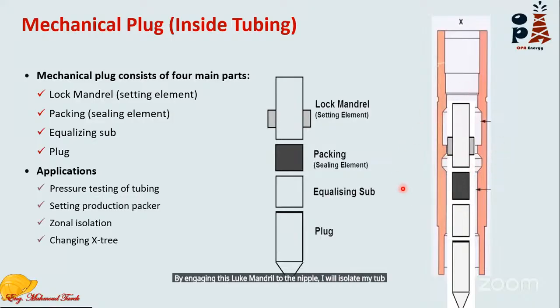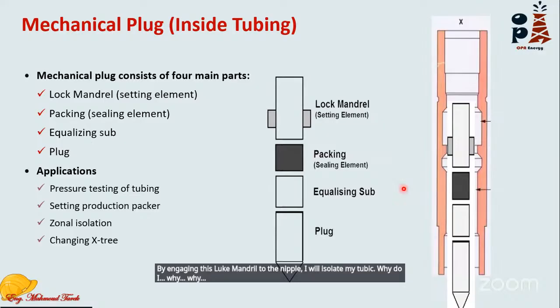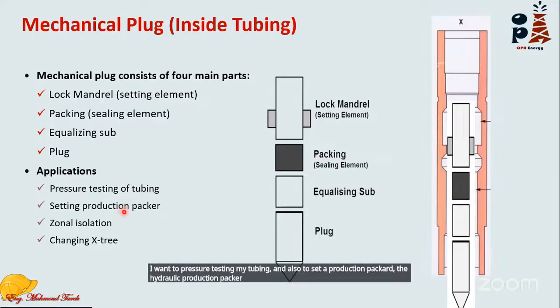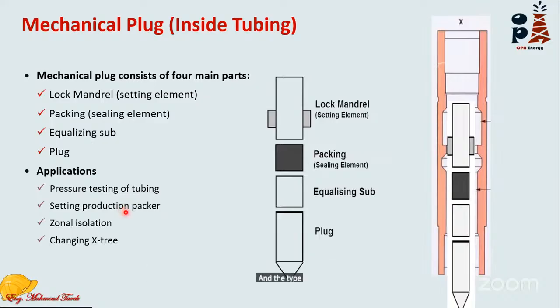Why do we do this by plugging? Why do I plug my tubing? Because, as we said, in the completion phase I want to pressure test my tubing and also to set a production packer, the hydraulic production packer, the type that is hydraulically set.